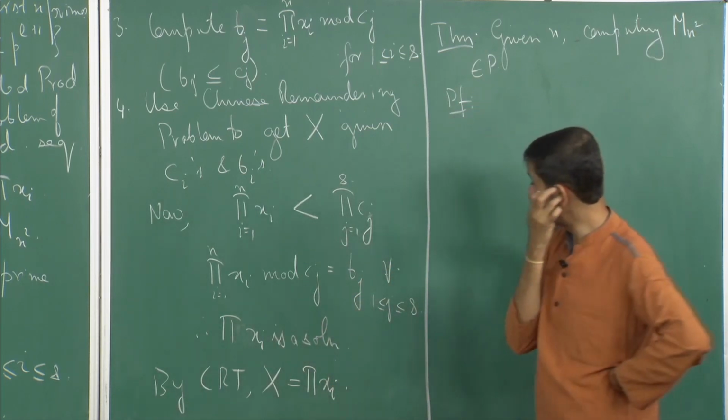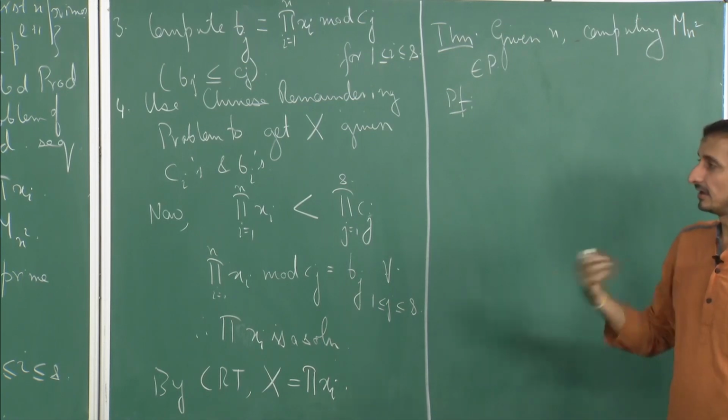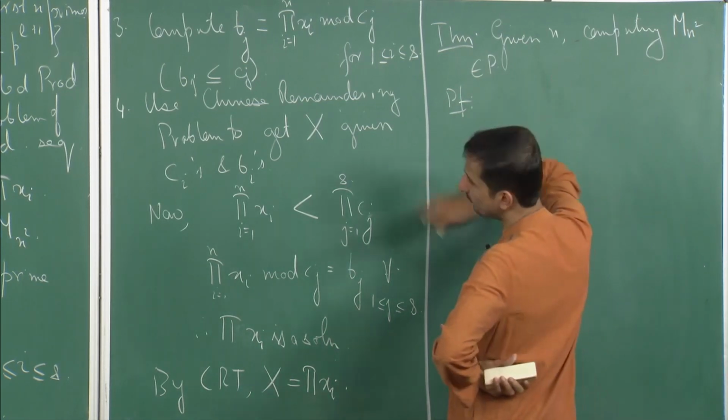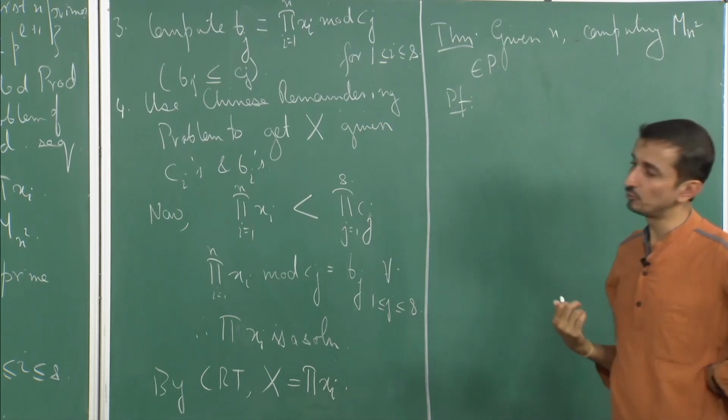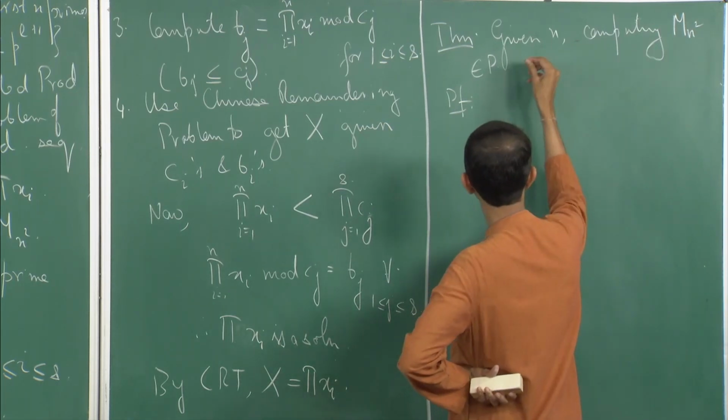In fact, there are better algorithms. There are ways in which it can be done even in log space, but this is enough. What Cook, Beame, Hoover showed is that this is a P uniform NC1 reduction.